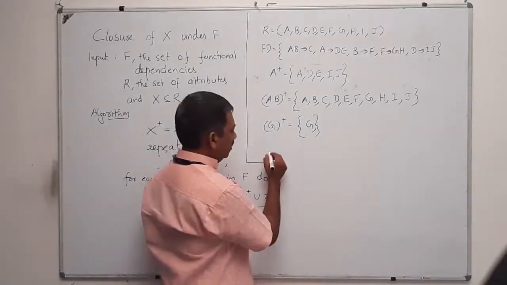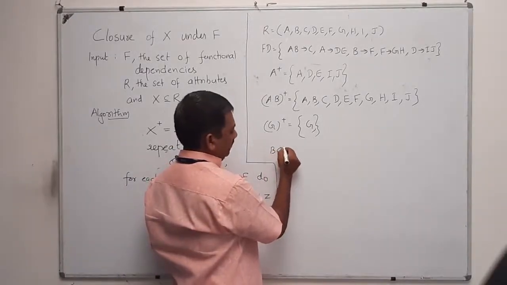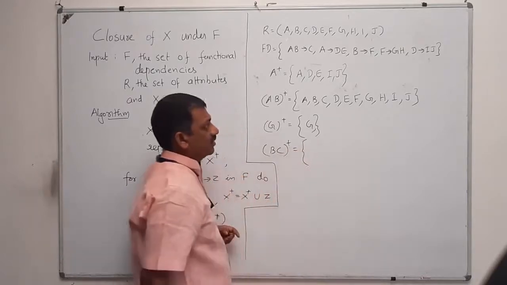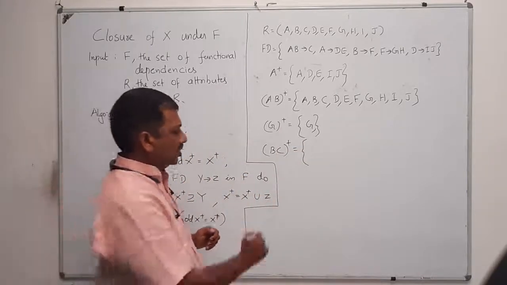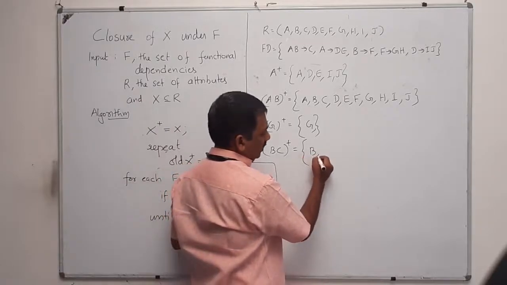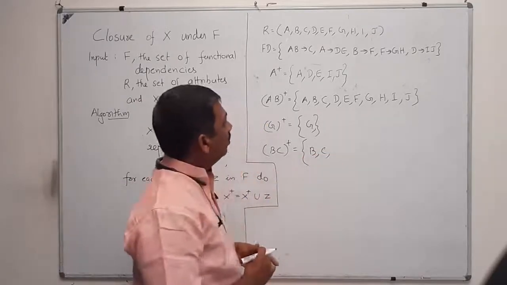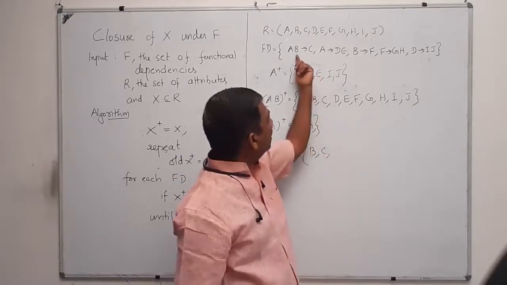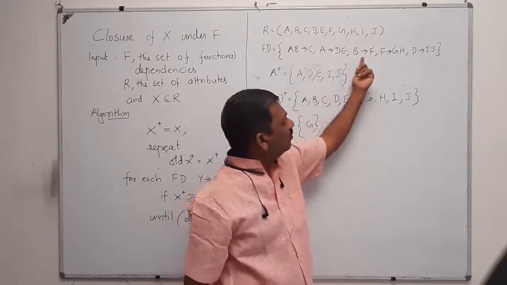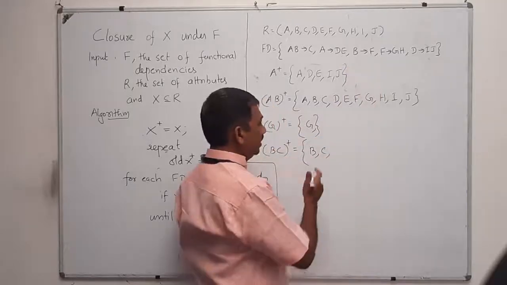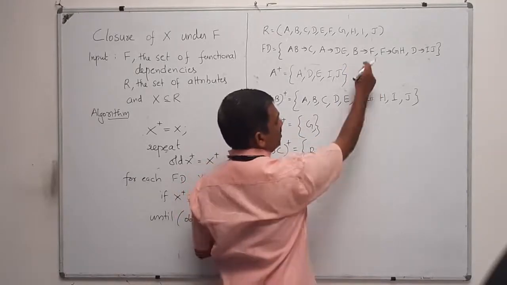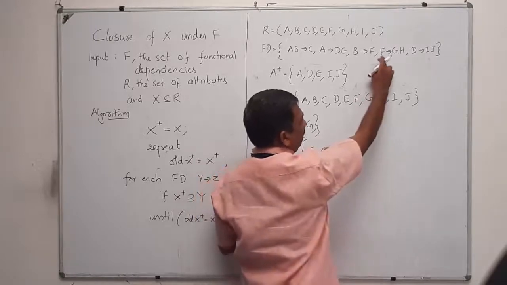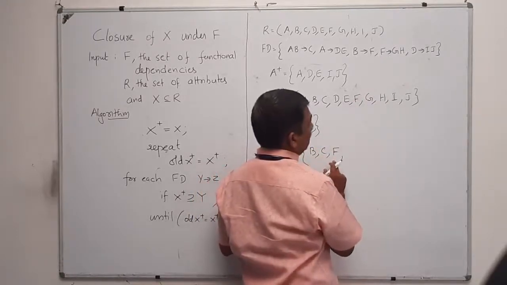Okay. What about BC plus? BC plus means closure of BC. So trivially BC. Now look for the left hand side which is a subset of this. Here AB, A. What about B? B is a subset of BC, so you have to include this F. Then F is a subset here.